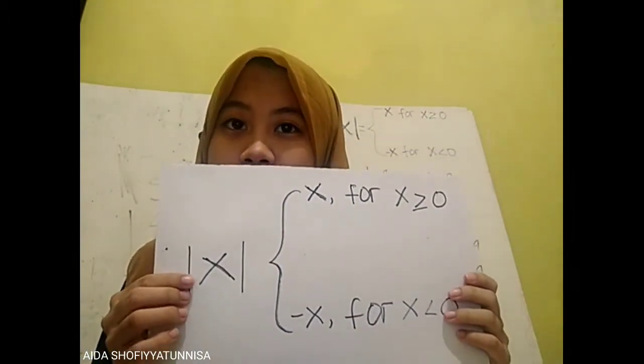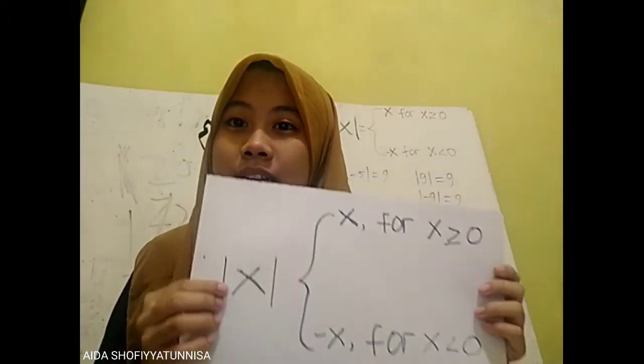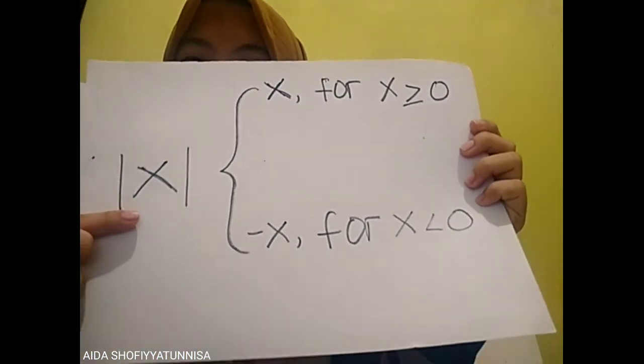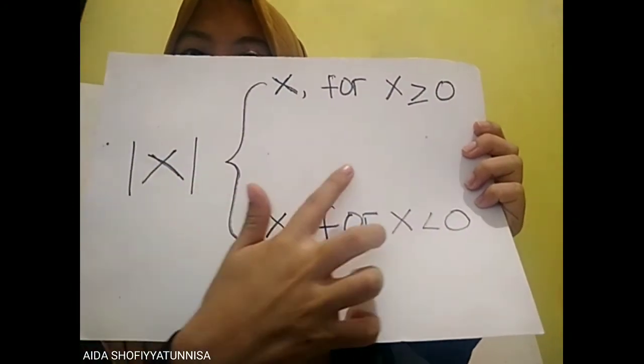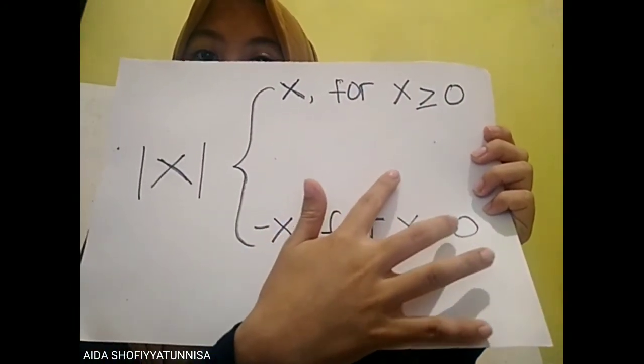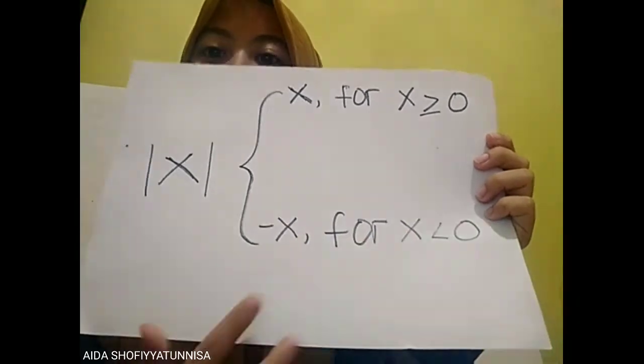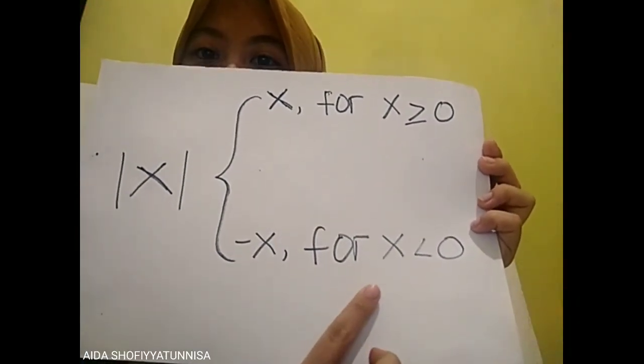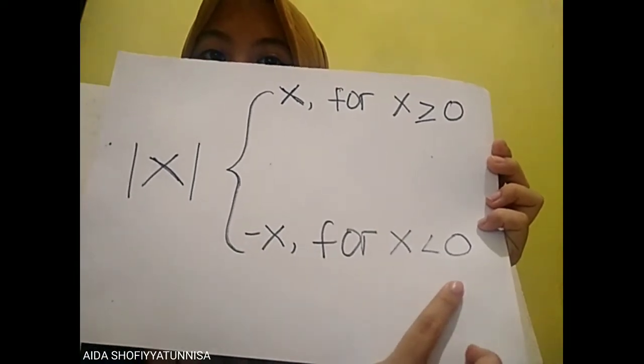Formally, the absolute value is defined as follows. Absolute x is x for x greater than 0, and negative x for x less than 0.